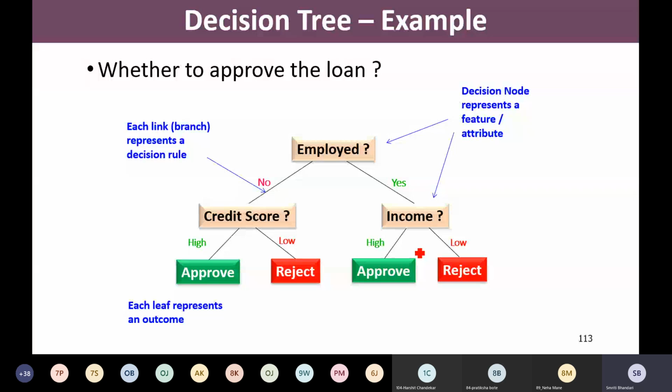If my outcome gives me a continuous value, then we may say that this decision tree is a regression tree. But we are not right now talking about the regression tree; we are talking about the decision tree as a classifier.